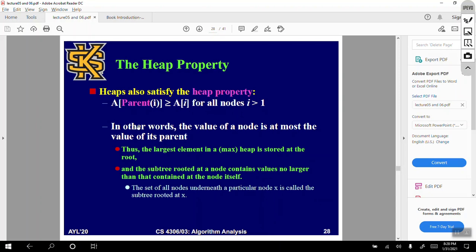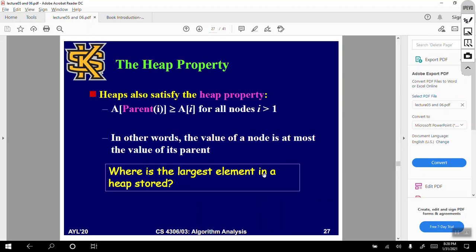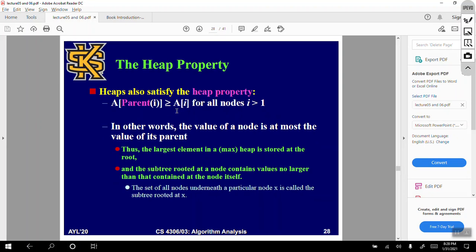Both left child and right child. In other words, the value of a node is at most the value of its parent. Thus the largest element in a max heap is stored at the root, right? So where is the largest element stored? The largest element is stored at the root, because the root has the highest or largest value, right?